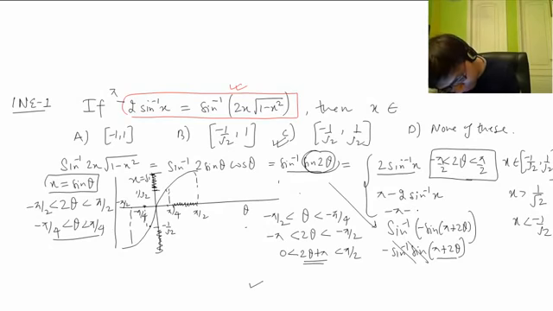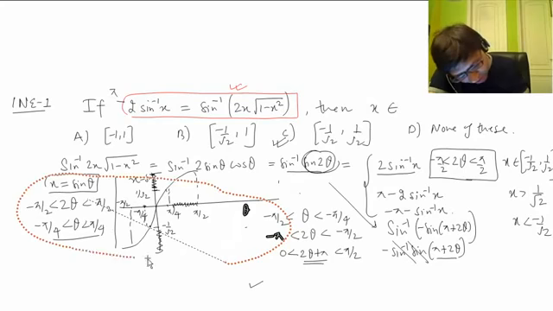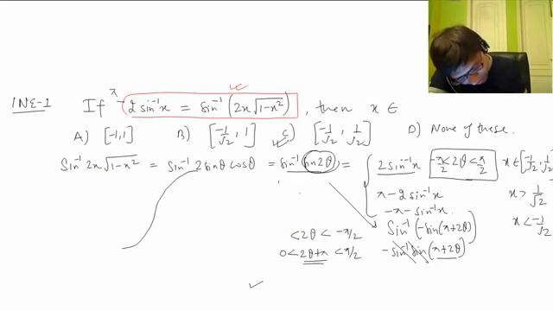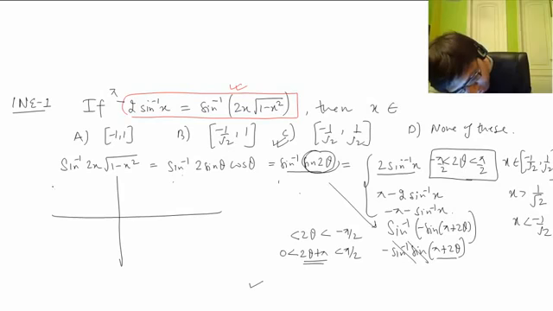Right? So you could have done it like this also, but I want you to learn this, that's why I've done this. But otherwise you can draw the graph of sine inverse sine 2 theta.